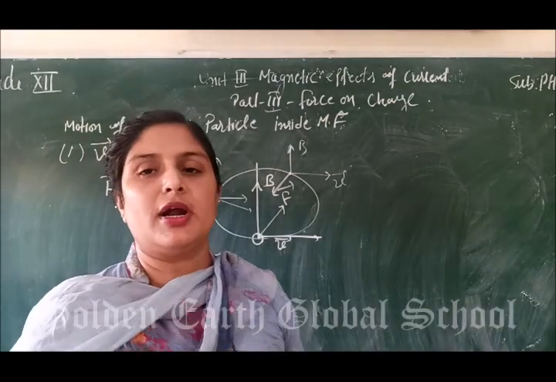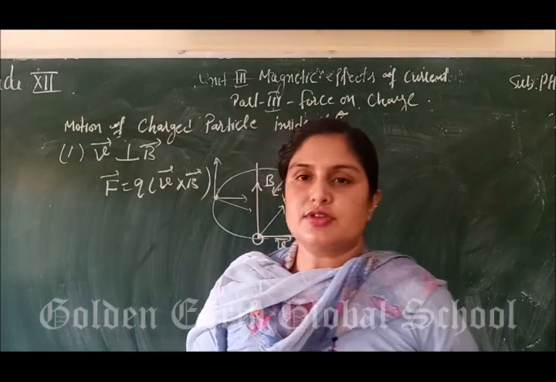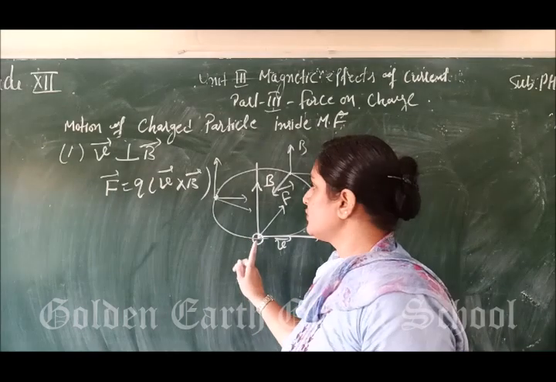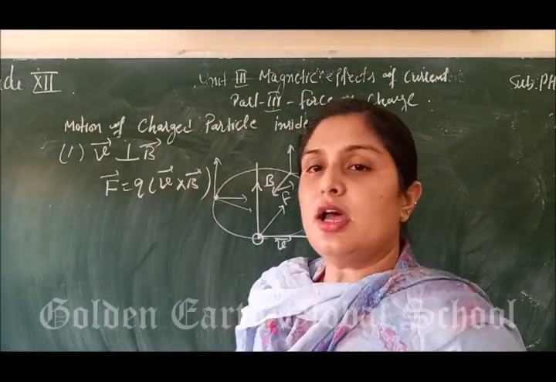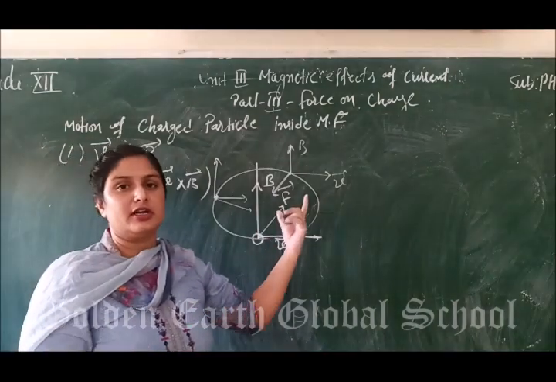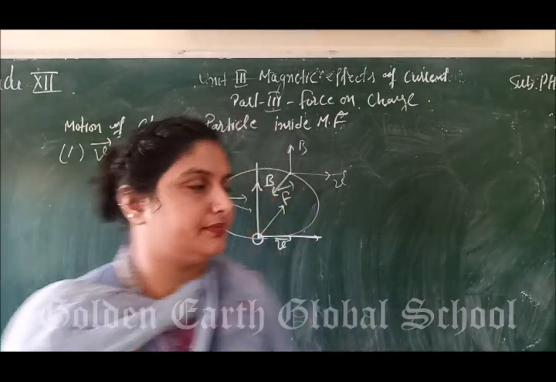Means whenever the particle is moving inside the magnetic field such that the velocity is perpendicular to the magnetic field, then the particle moves in a circular path. And this magnetic Lorentz force is playing the role of the centripetal force here.